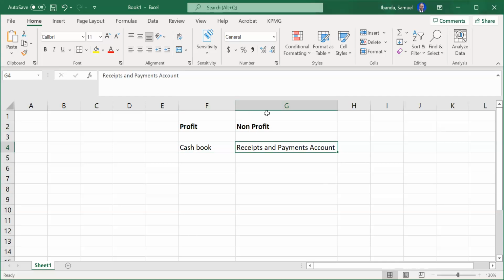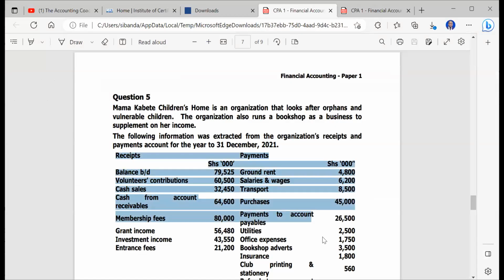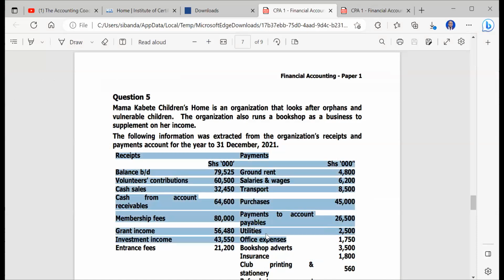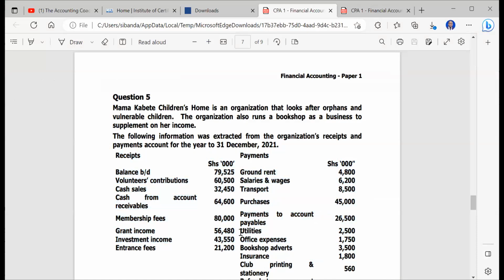And then payments, definitely, we understand that such an entity will have payments. So this is how a receipts and payments account looks like. Very similar to a cash book, but it's called a receipts and payments account. It does not have 2 or 3 columns; it's usually a single column.